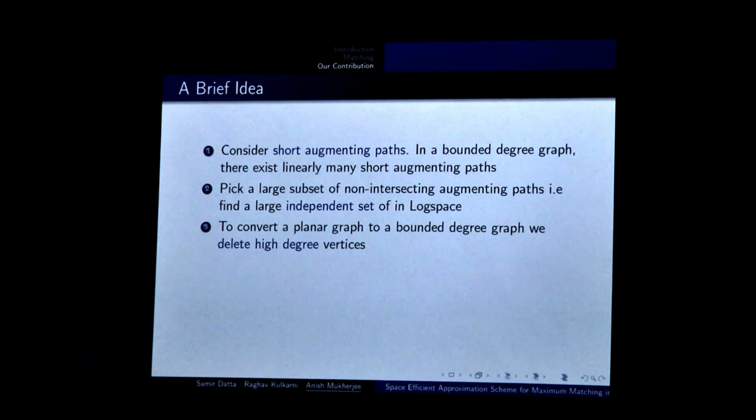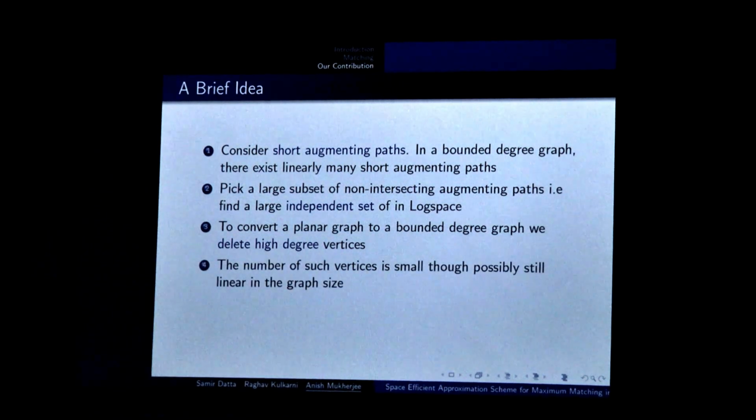Now for planar graphs, the idea is to go to bounded degree graphs, and we do this by simply deleting some high degree vertices. Pick some d and delete any vertex which has degree more than d. But a planar graph has average degree 6, so there could be some 6n by d many high degree vertices of degree more than d, and this might remove the whole maximum matching.